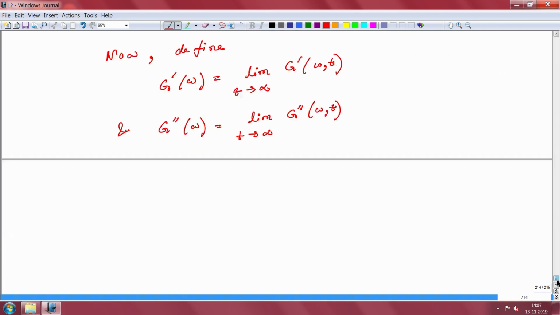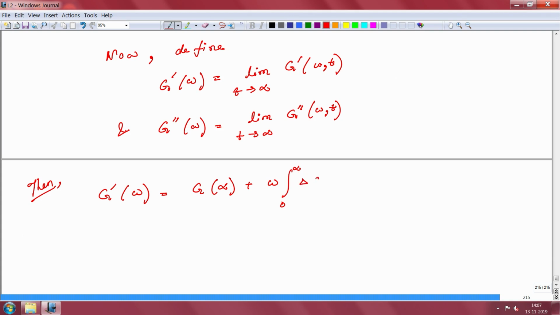So, once you define it like this, then in terms of the original integral, it is now equal to the same quantity, except that in the definite integral, the limit t is replaced by t tending to infinity, right.